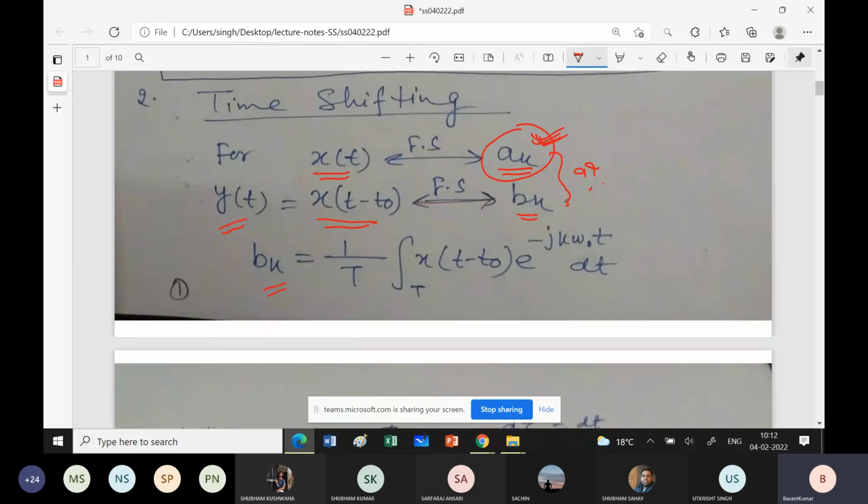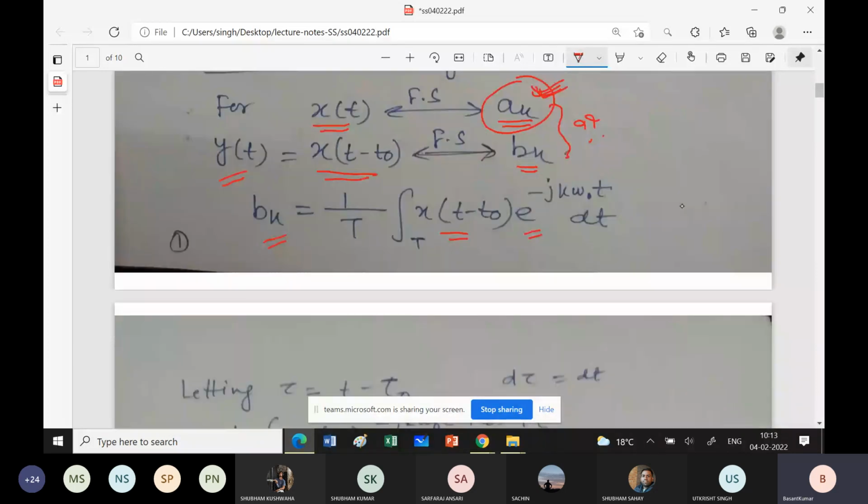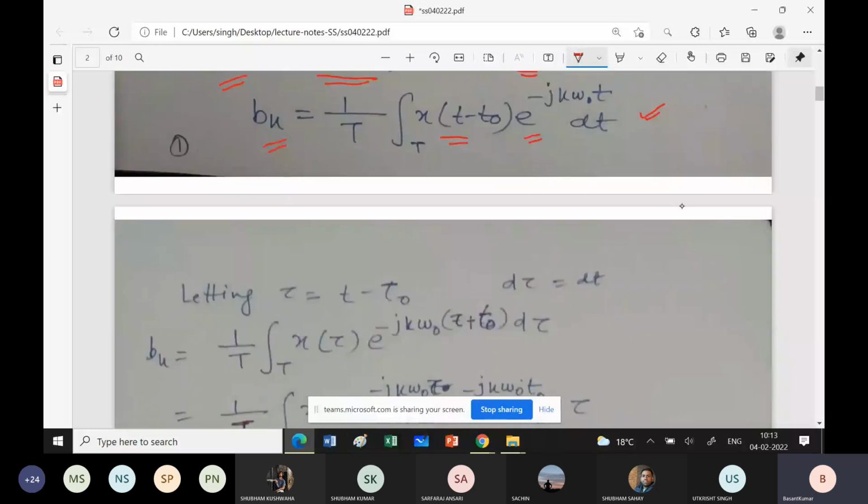If you go by the standard procedure, you have to multiply the signal for one time period by the exponential term, and you have to divide by T. This is the standard expression for determining the coefficient. Now what you do here is put the value t minus t_0 equal to tau.